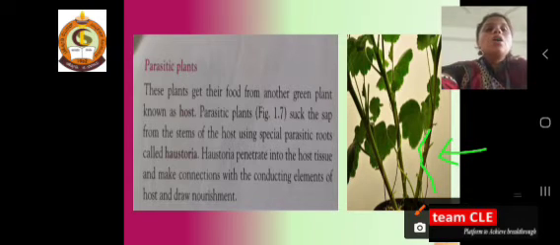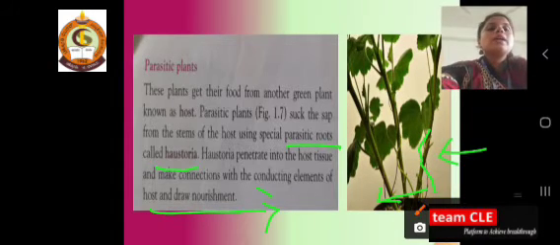Another concept is the haustoria. What is the haustoria? The parasitic plants suck the sap from the stems of the host using special parasitic roots. This is your haustoria. The haustoria penetrates into the host tissue, makes connections with the conducting elements of the host and draws nourishment.